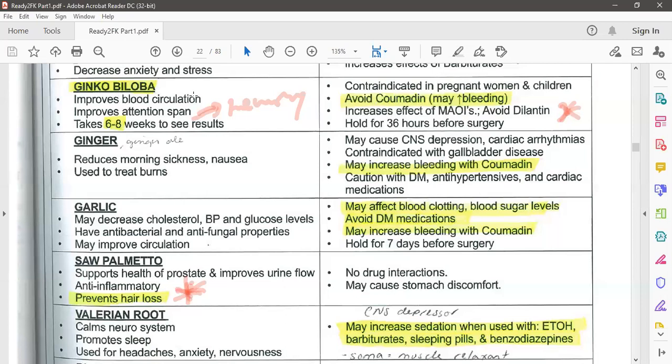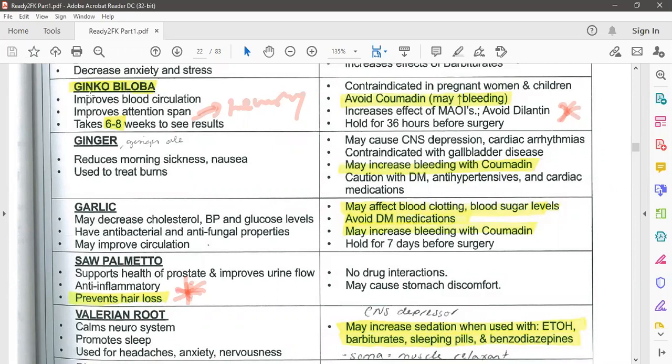And also hold 36 hours before any kind of surgical operation. Sometimes students eat or drink or take ginkgo biloba because they believe ginkgo improves the memory, right?